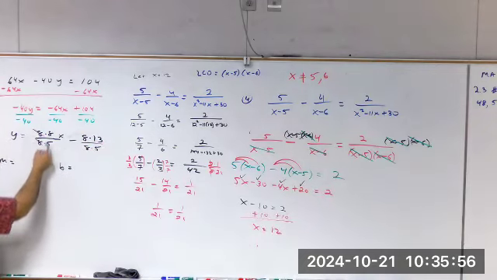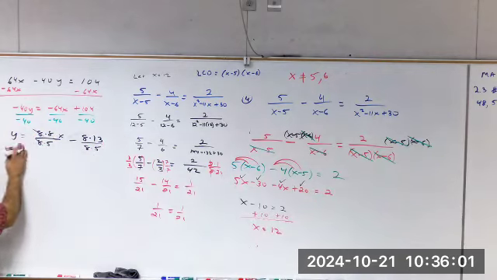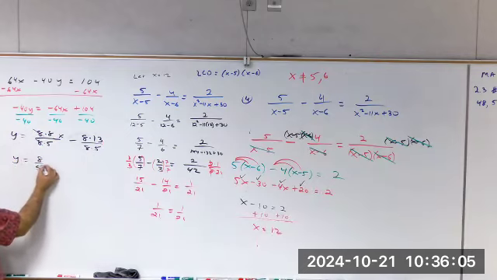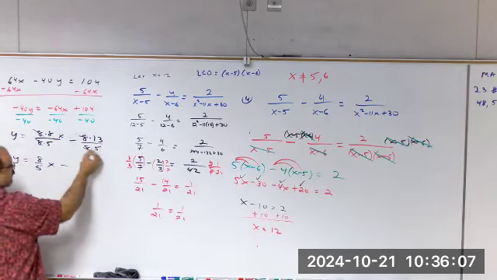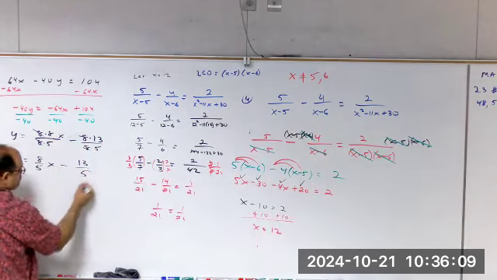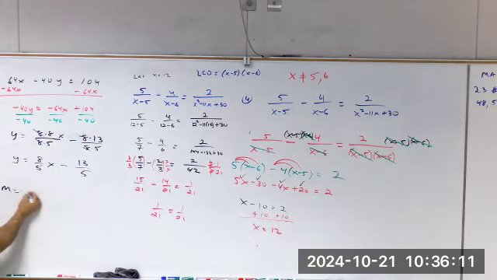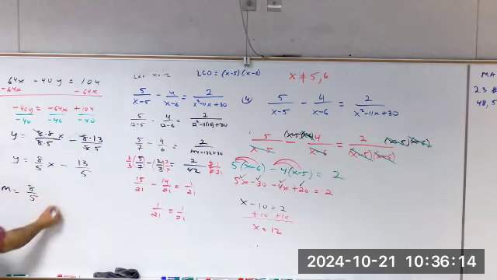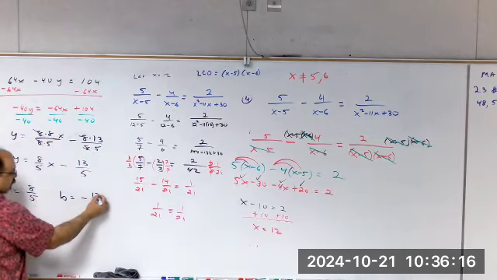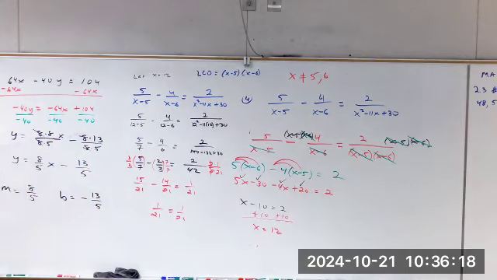So here the 8's reduce, so we're left with y equals 8 times x over 5, minus 13 over 5. So the slope is 8 over 5, and the y-intercept is negative 13 over 5.